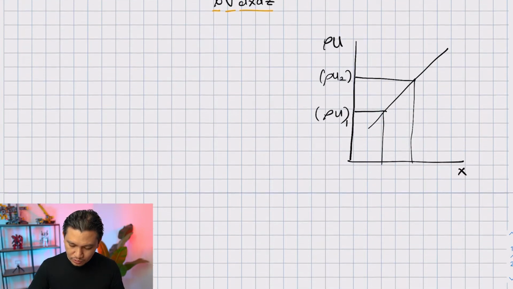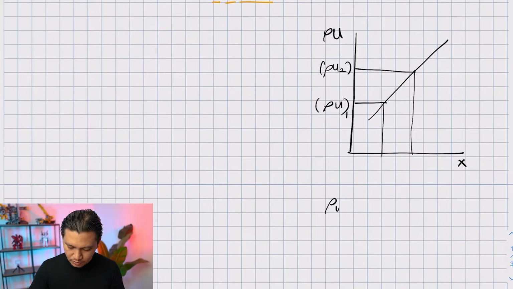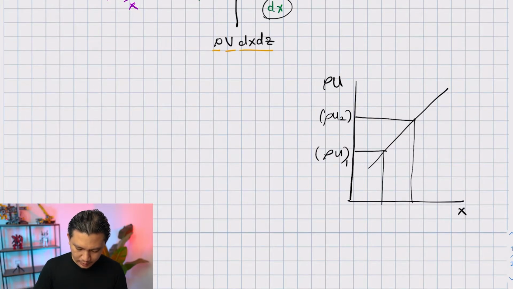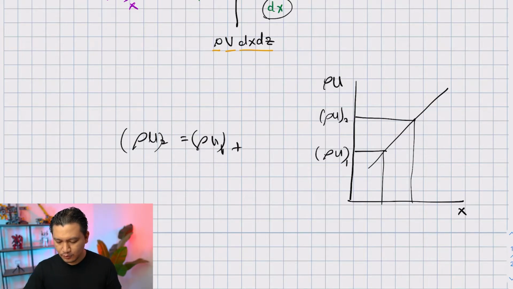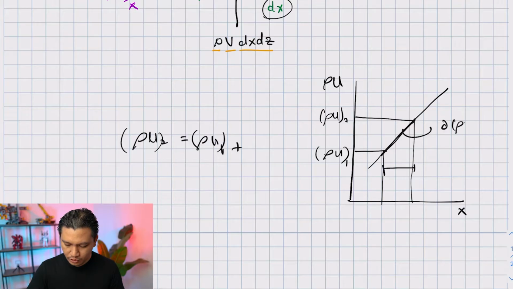Okay, your rho u2 now is equal to, it must be rho u at point 1 plus whatever the slope is here times the distance x here. Okay, so the slope here is del rho u over del x, isn't it?